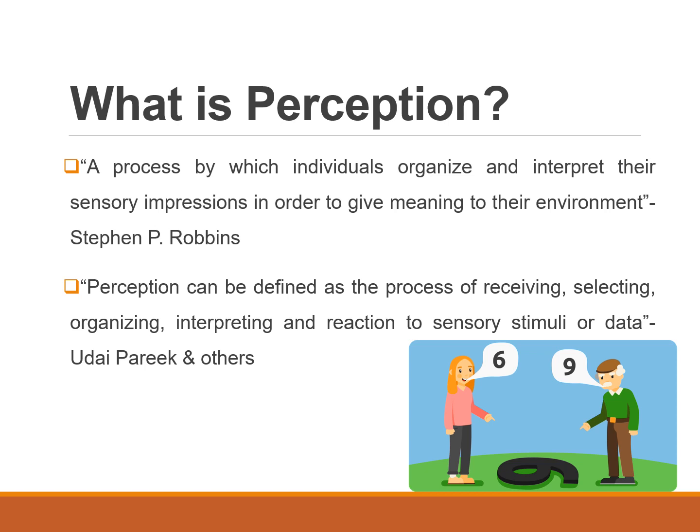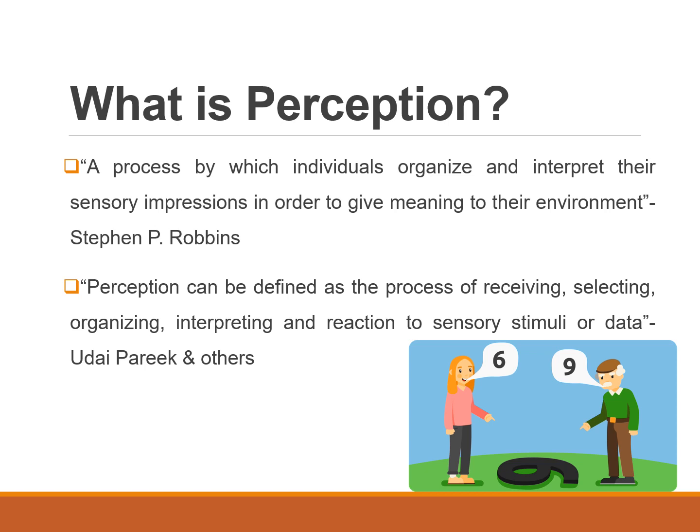So normally we get information from our five sense organs, through eye, nose, skin. So we can get data from our environment. So we can organize, interpret and give meaning to the environment.